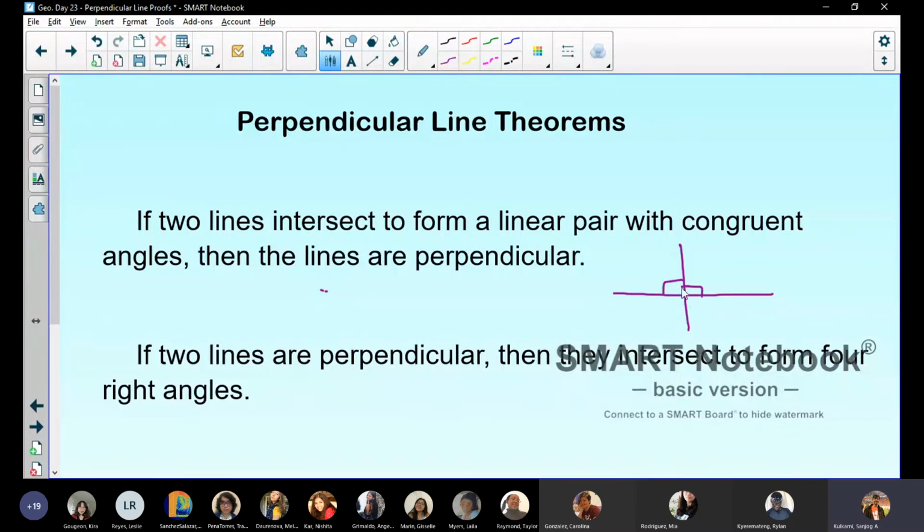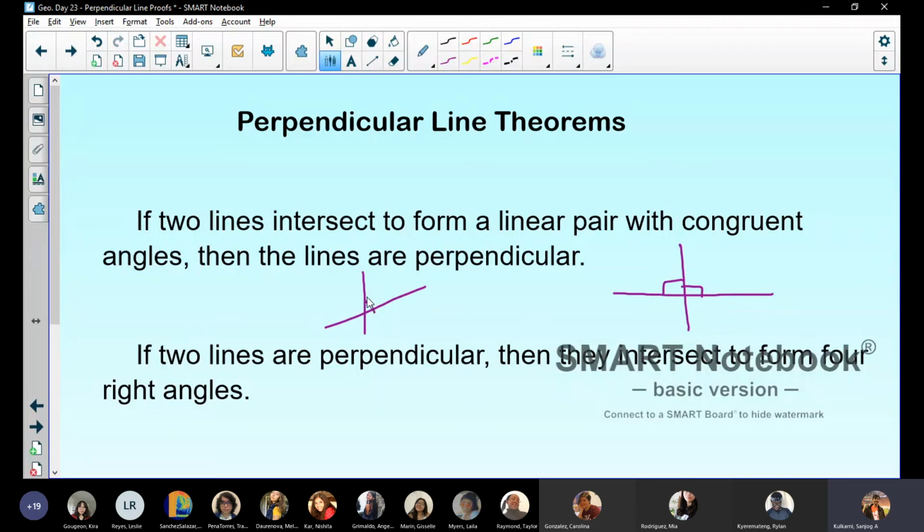These two angles are congruent, so they will end up being 90 degrees because a linear pair adds up to 180 degrees. Supposing I had lines intersecting in a manner such that they don't look perpendicular, but they are a linear pair.